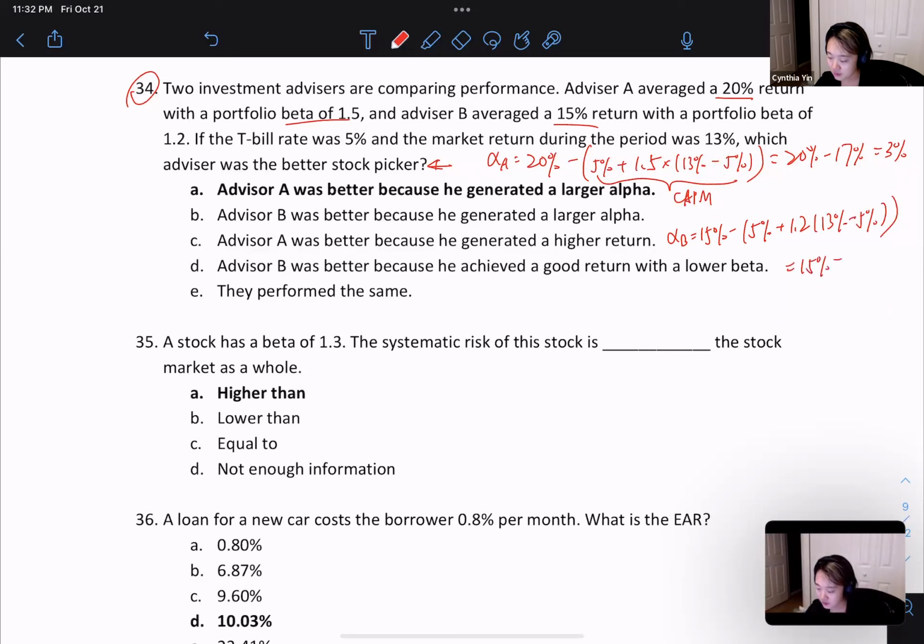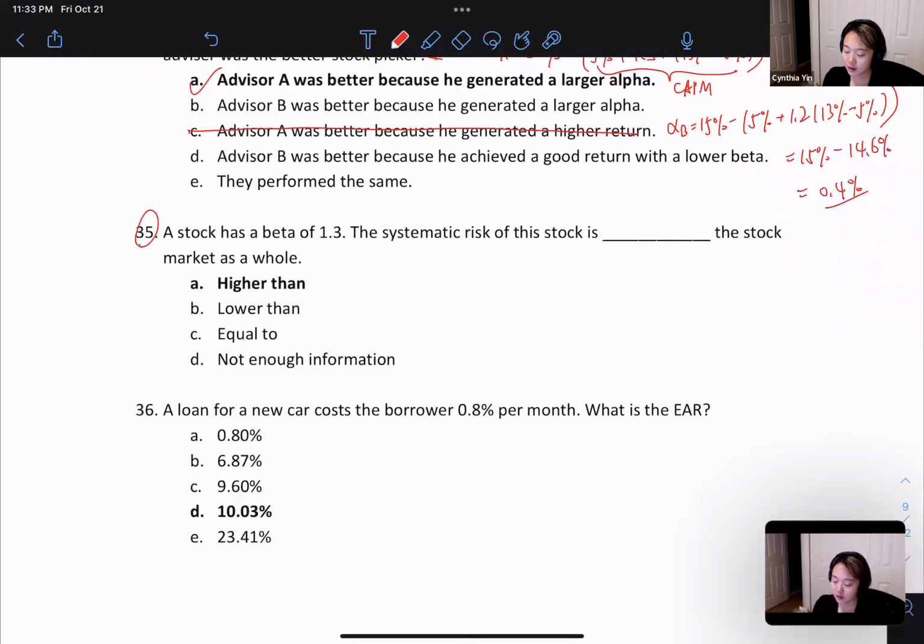It's 15% minus 14.6%, which equals 0.4%. So A is doing better, but it's not because A earns a higher average return, it's because A earns a higher alpha. And B, C, D, E are just wrong. A is right. And C is not right, not because of the higher return, as I just said.